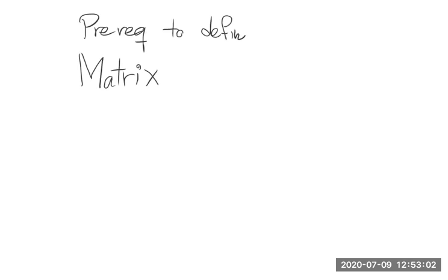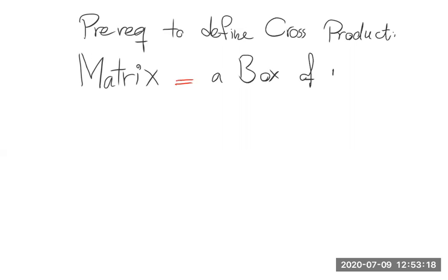What is a matrix? A matrix is just a box of numbers. These are prerequisites to define cross product. It has other meanings too, but what does a box of numbers mean?